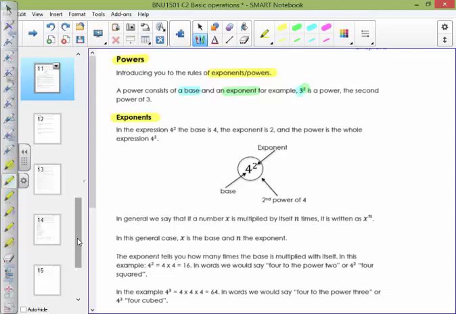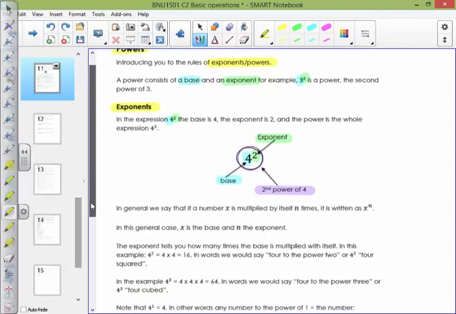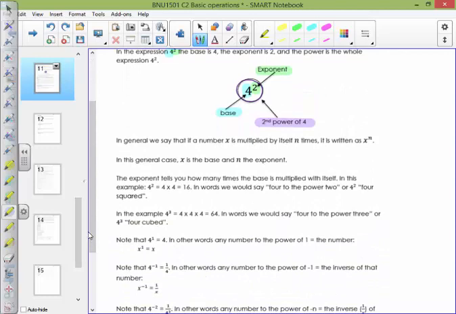In the expression 4 to the power of 2, the 4 is your base, the 2 is your exponent, and the entire thing is what we call the second power of 4. In general, we say that if a number x is multiplied with itself n times, then the number would be x to the power of n.